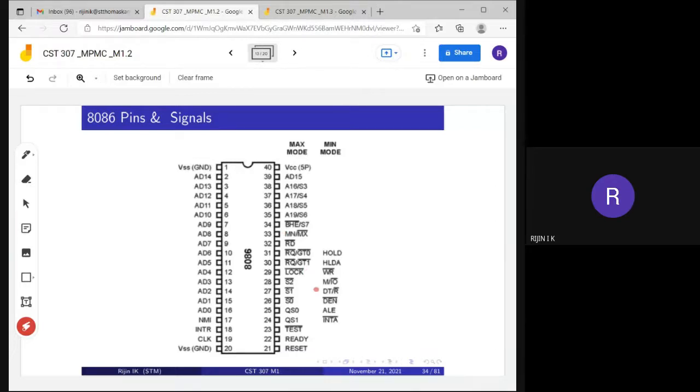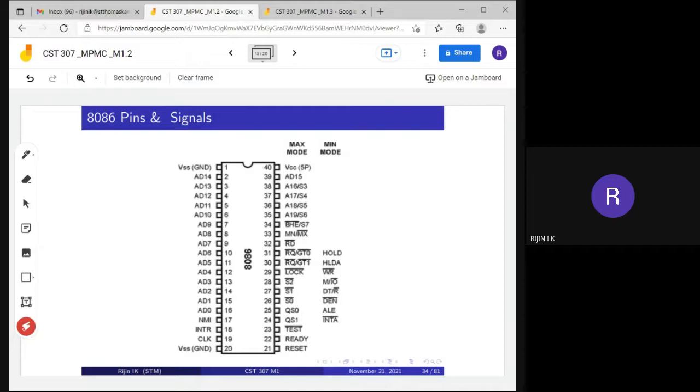Pins 24 to 31 perform these functions in maximum mode, while in minimum mode, pins 24 to 31 perform these functions: hold, write, memory bar IO.